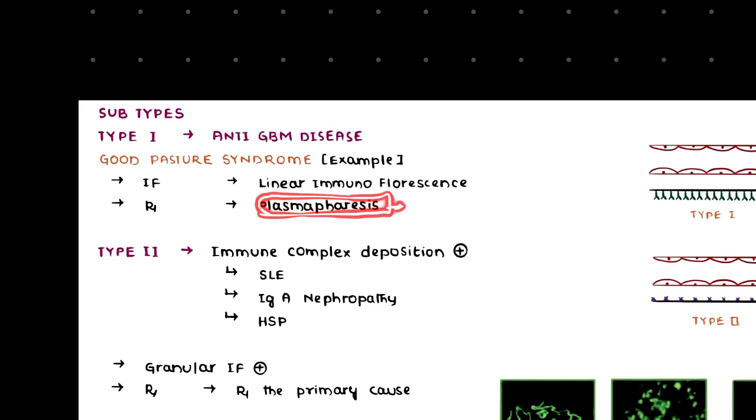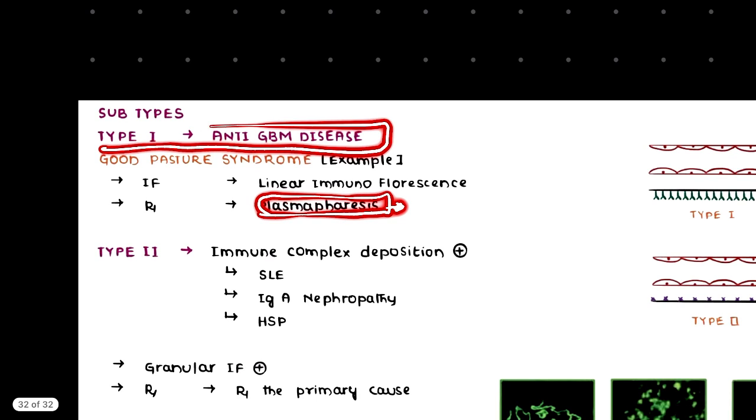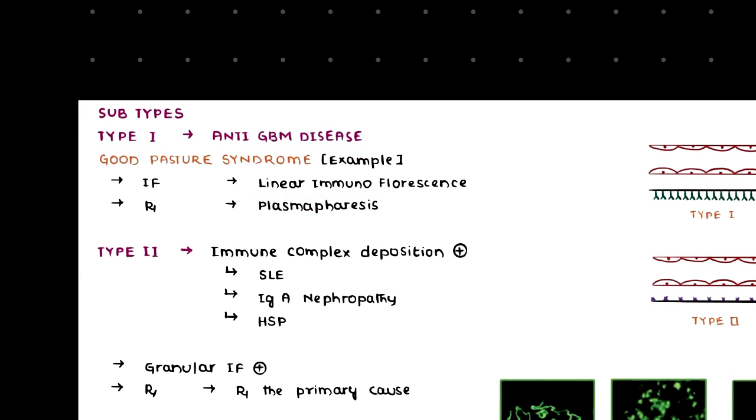Plasmapheresis is possible here because the causative agent that is causing this type 1 disease is something like a virus or other entities. So there is the presence of a pathogen, and we are able to do this plasmapheresis.